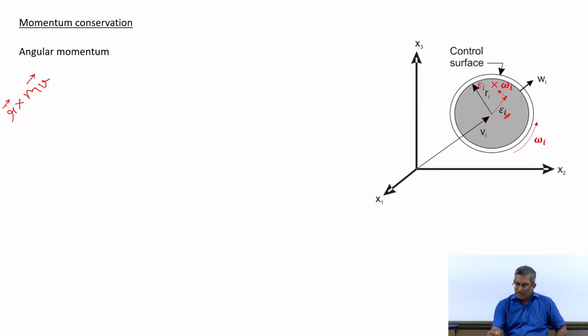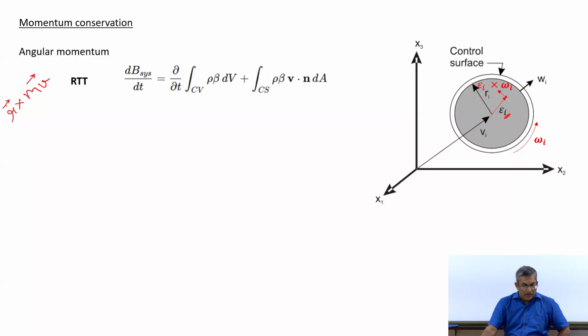Then here we have a rotational velocity which is equal to this distance times the rotational speed. Okay. So, now in this case what will be the value of beta? This should be the specific angular momentum, so angular momentum per unit mass, which is nothing but this.